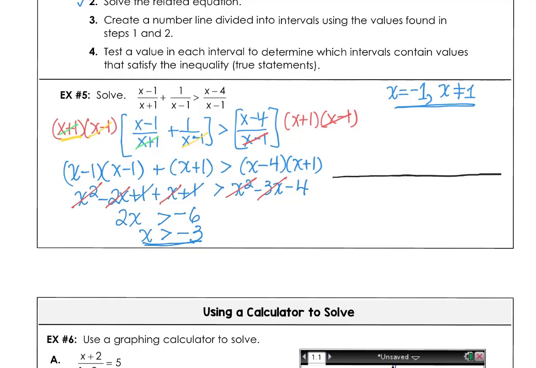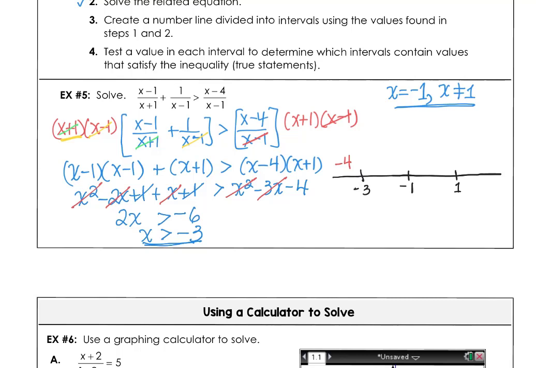Now we're dividing up the number line: -3, -1, and +1. And we're going to test values to find which areas are true. So the first one I tested was -4.